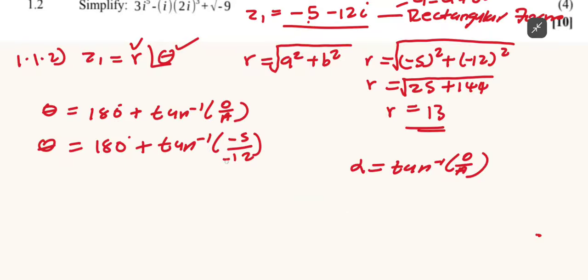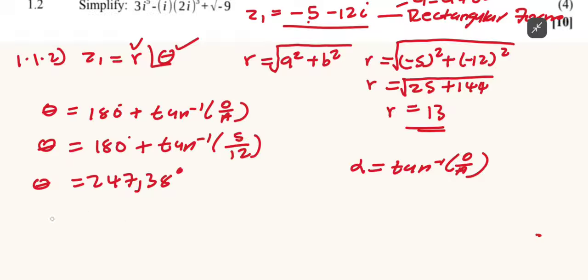Even if you don't put the negatives, they will cancel, so you can say 5 over 12. Punching that on our calculator, we should obtain 247.38 degrees. That is our theta.